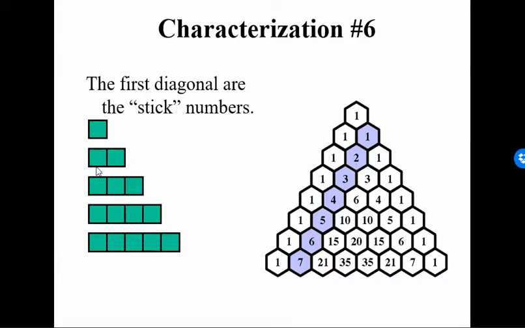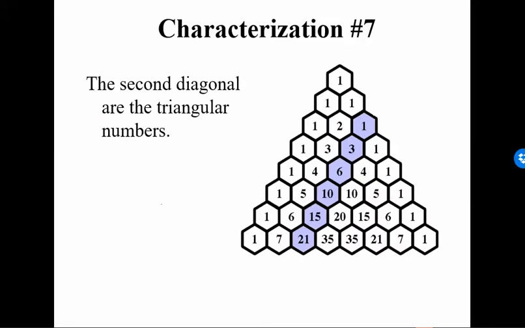This 2 is a stick of length 2, stick of length 3, and so on. The only reason we do this boring lead-in is so that we can do characterization 7, that the second diagonal are the triangular numbers 1, 3, 6, 10, 15, 21, which we talked about in the previous video.